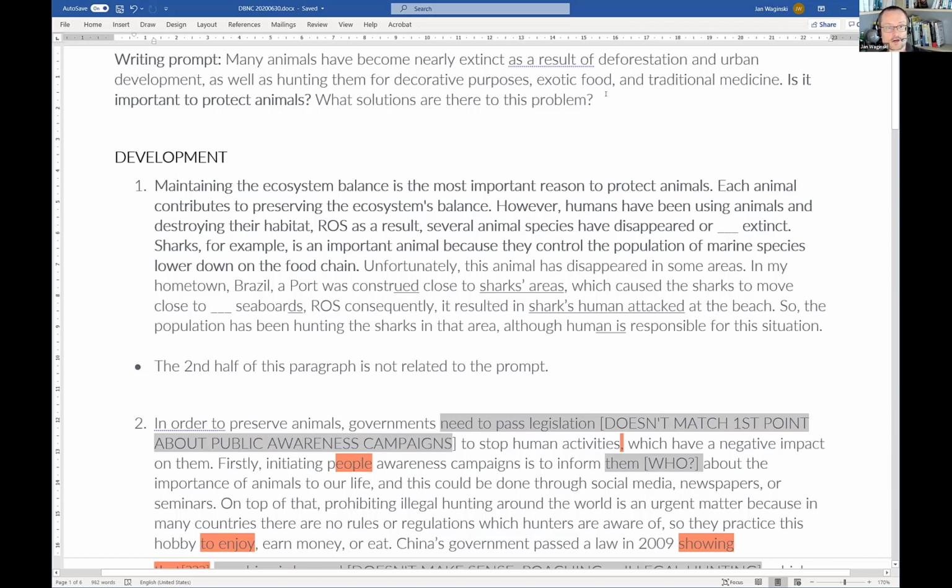Is anyone here not familiar with the rubric? Sorry, say again? Is anyone here not familiar with the rubric? Does everyone know what I mean when I say rubric? No. Rubric is the marking criteria that we use in schools.